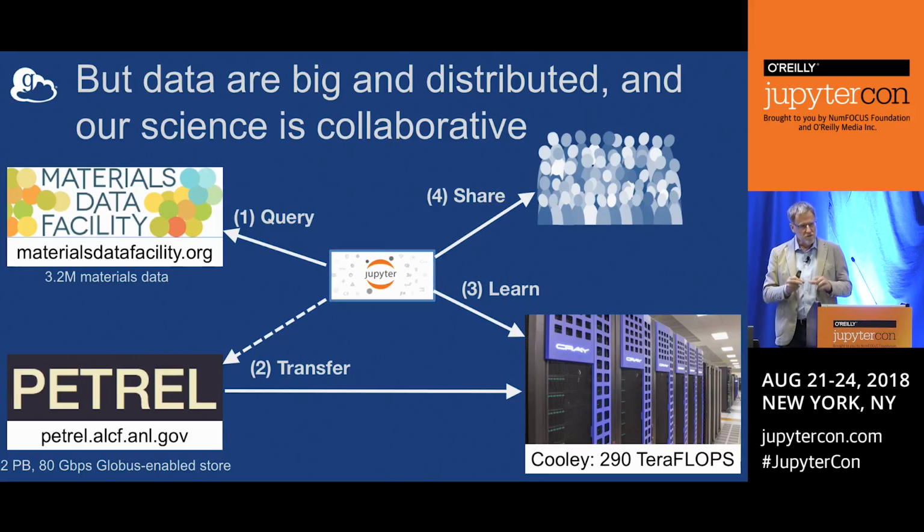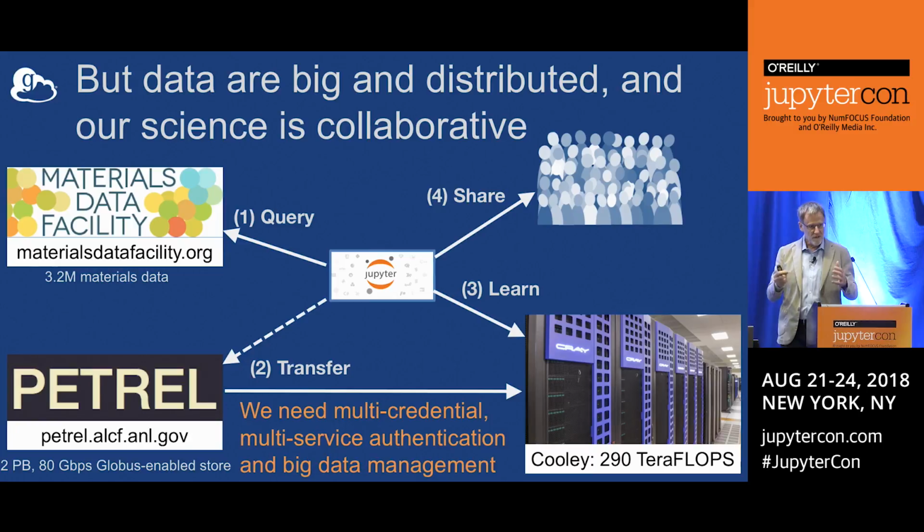And what we want to be able to do within our Jupyter notebook is to query the Materials Data Facility, initiate a transfer of the data that concerns us to another supercomputer, a system called Cooley that's designed for data analysis, run our machine learning models on those data there using parallel computing, and ultimately share the results with our colleagues.